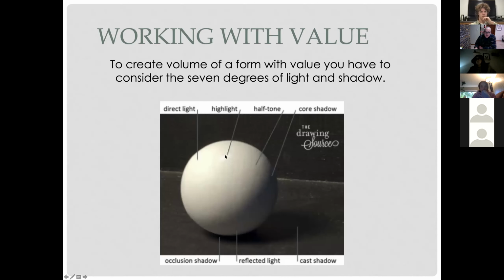We have direct light, we have a highlight, we have a half tone, which is the middle value on the light side. We have the core shadow, which is the darkest part of the shadow, and it's on the leading edge of the dark side as light turns to dark. We have reflected light, which bounces off whatever's in the environment and goes back into the shadows, so it's a little lighter than the core shadow.